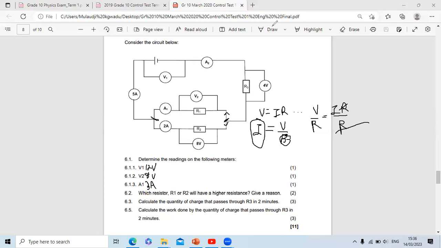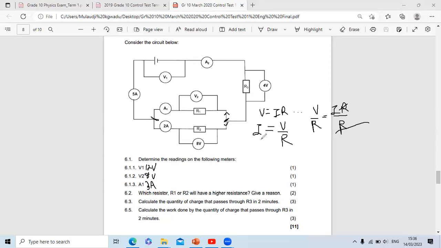And in this case, our denominator is resistance. So the one with the higher resistance is going to have the lowest current flowing through it. The resistor with the highest resistance has the lowest amount of current flowing through it.